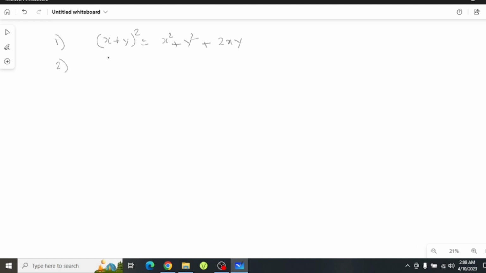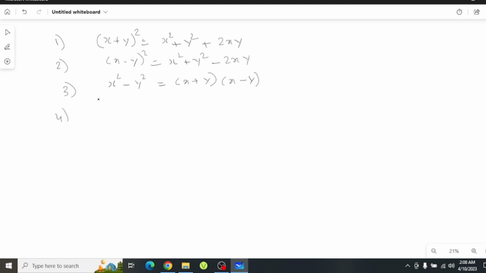Second, (x − y)² = x² + y² − 2xy. Third, x² − y² = (x + y)(x − y).